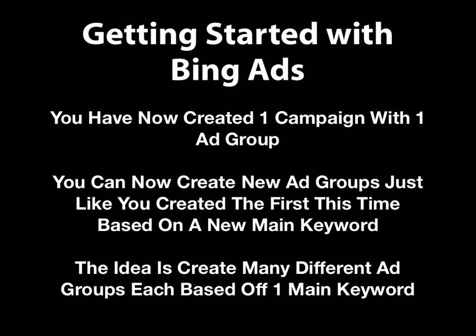So we can now base other ad groups off other keywords, definitely still in the woodworking niche. I still want to be sending people to that same squeeze page, but we can be using different keywords to get the rest of our keywords when we use the keyword suggestion tool. And the idea is to create many different ad groups, each based off one main keyword.